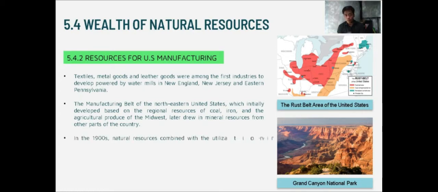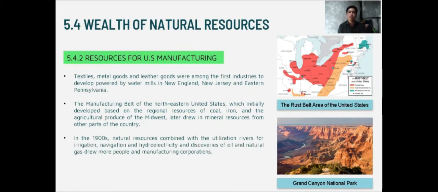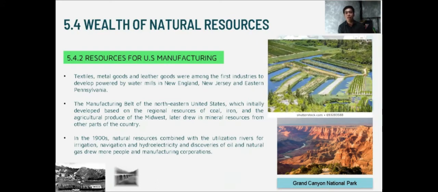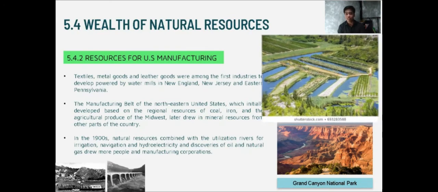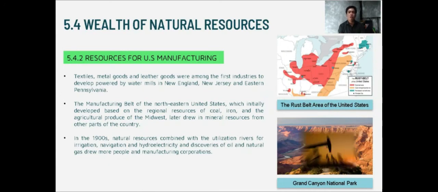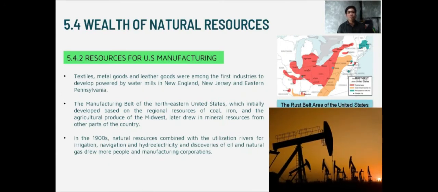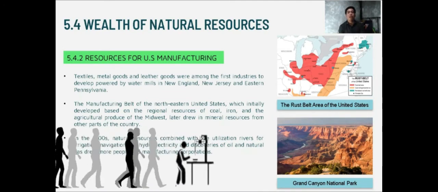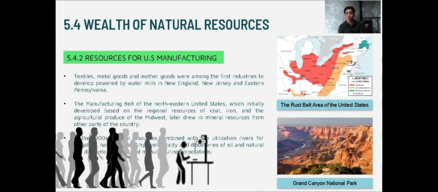In the 1900s, the abundance of natural resources combined with the use of river for irrigation, navigation, and hydroelectric, and the discovery of oil and natural gas attract more people to manufacturing companies to the south and west from center of the country.